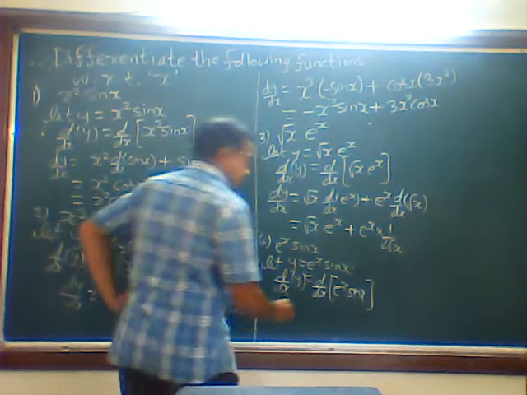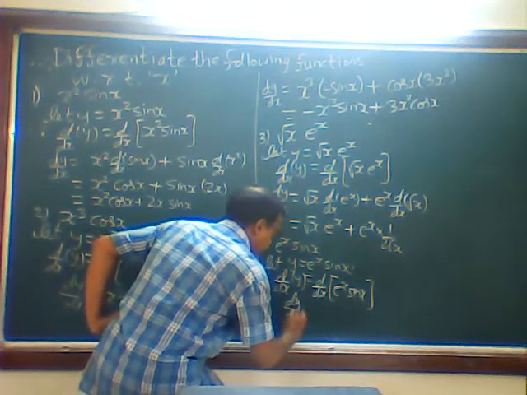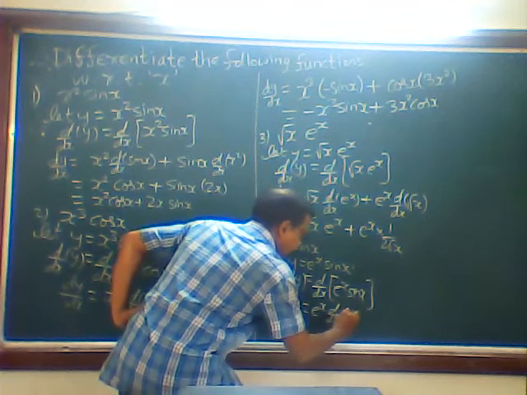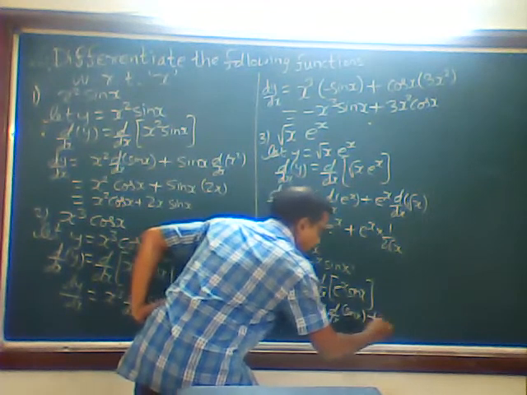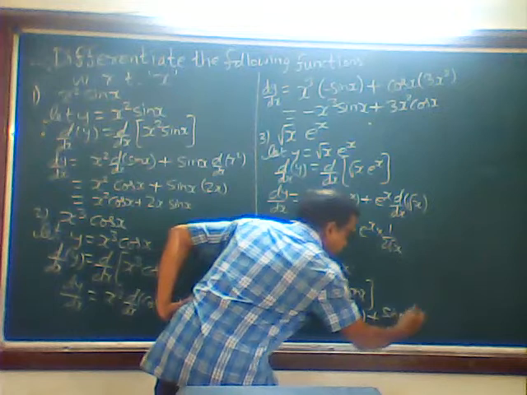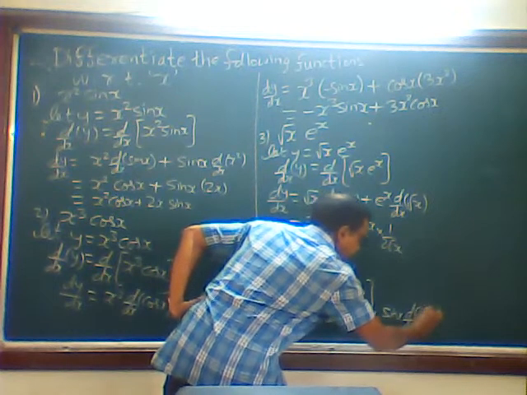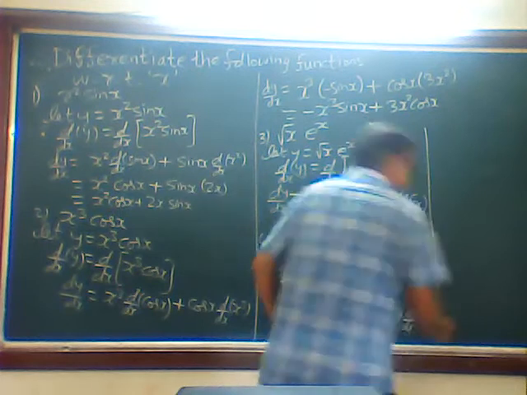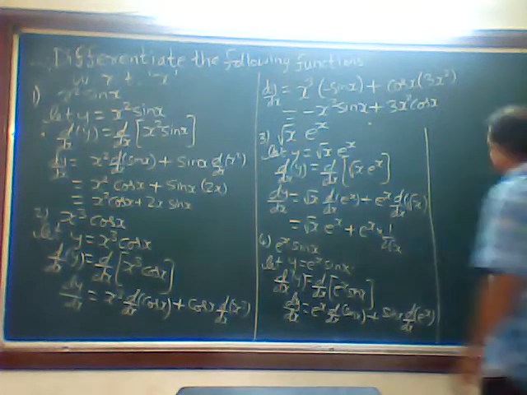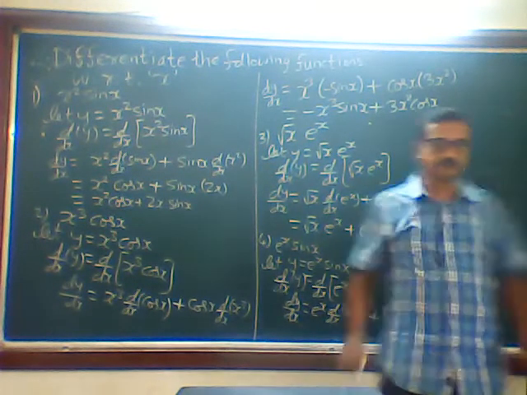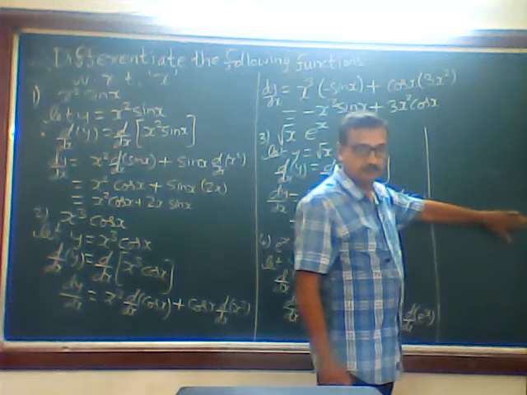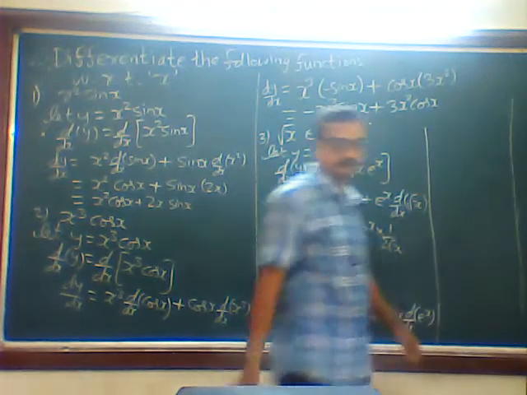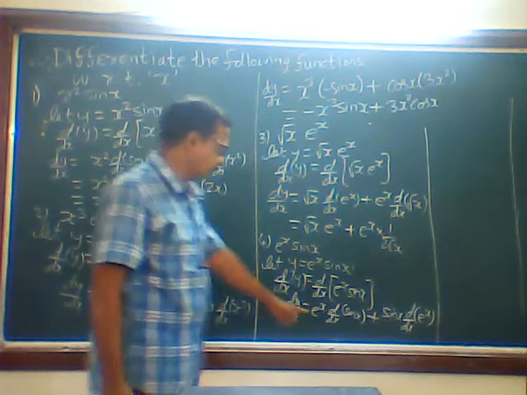So what will happen? dy by dx is equal to first term as it is, differentiation of second term, plus second term as it is, differentiation of first term. Okay? I will write it out.